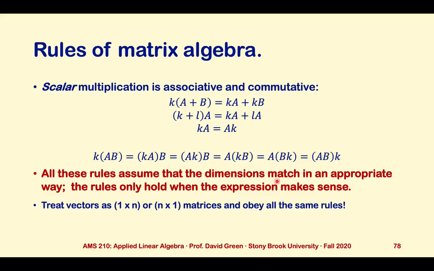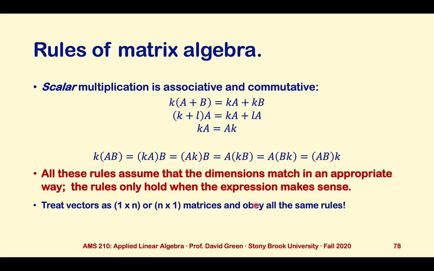Of course, all of these rules assume that the dimensions match in the right way. The rules only hold when the expression makes sense for the size of the matrices. Because we can treat vectors either as column vectors or row vectors, we make a common definition: we're going to treat all vectors as column vectors as our standard.